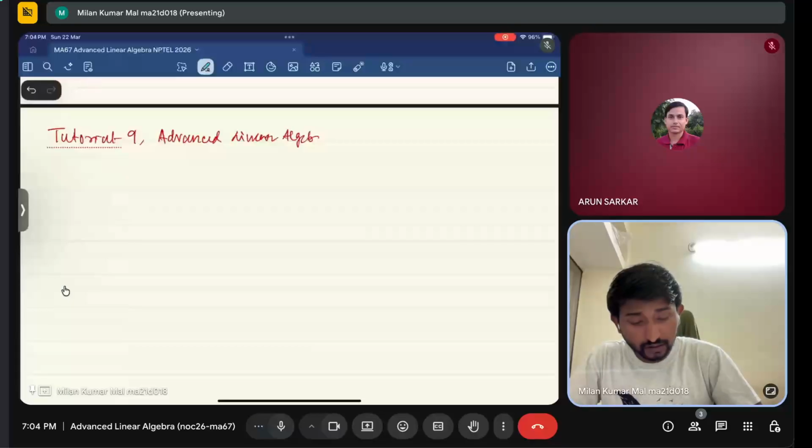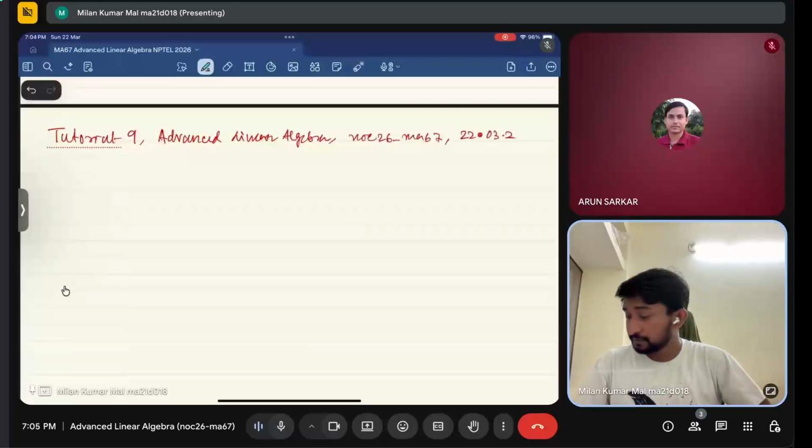Today is 22nd March. So today we will be discussing many things. Starting with till last class, we have discussed the primary decomposition theorem.